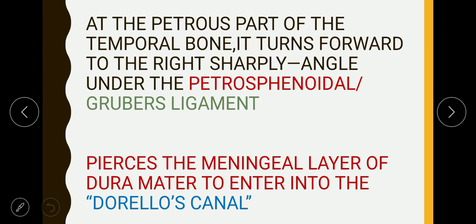Once at the petrous part of the temporal bone, it moves forward sharply and forms an angle under the petrosphenoidal or Gruber's ligament. Then the nerve pierces the meningeal layer of the dura mater to enter Dorello's canal.